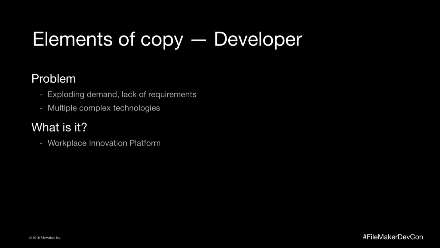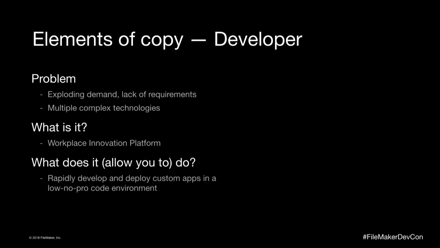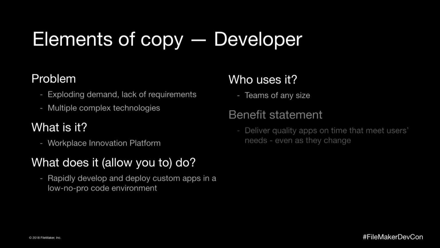What is it? You'll see this is the same as the other one, right? FileMaker platform is still the workplace innovation platform within this messaging. What does it allow developers to do? It allows them to rapidly create and deploy custom apps in that no, low, and pro code environment. You heard Rick Kalman talk about that this morning. Who uses it? It's the same, still business teams. And what does it allow them to do?